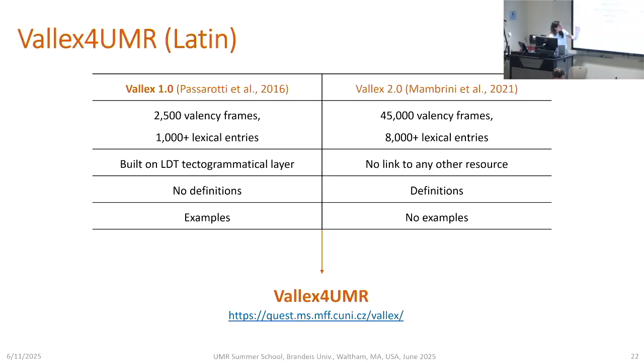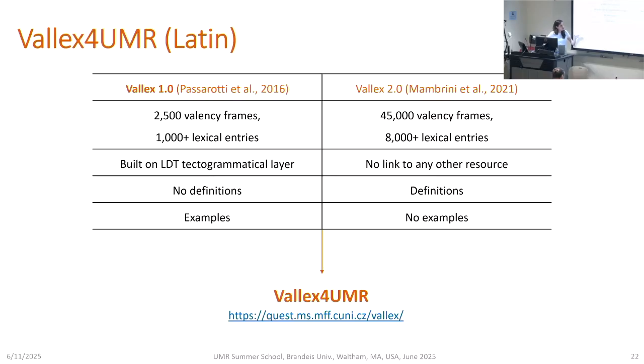The first one is particularly interesting because it's built upon the LDT tectogrammatical layer, which means it could be used for automatic conversion of frames and roles. But there are some problems: it is quite small, and it doesn't contain definitions, and with a language like Latin, for which we have no native speakers, that's a bigger problem than it normally is. But it is very important that it is linked to the grammatical layer.